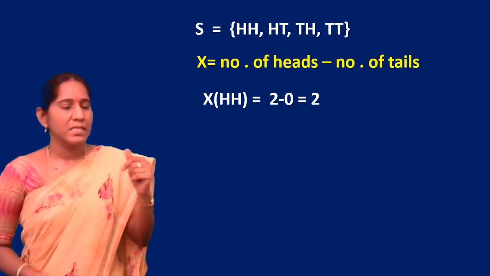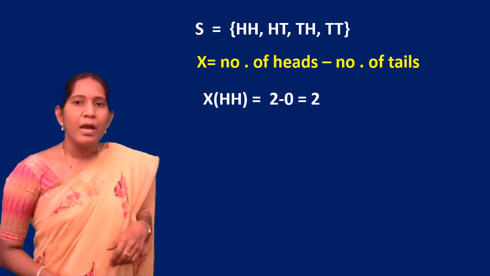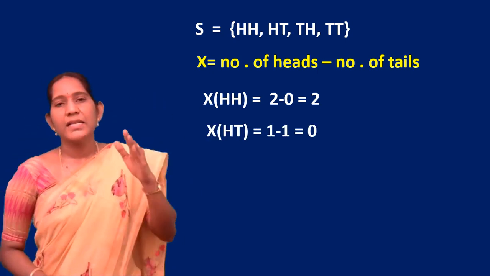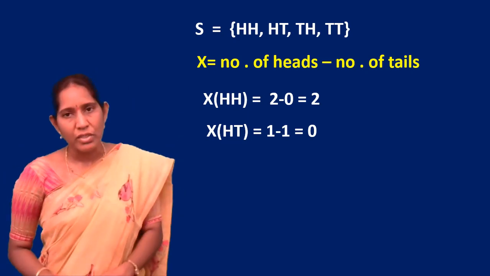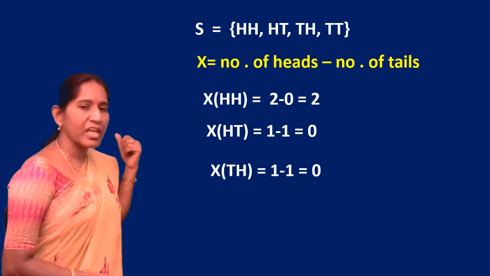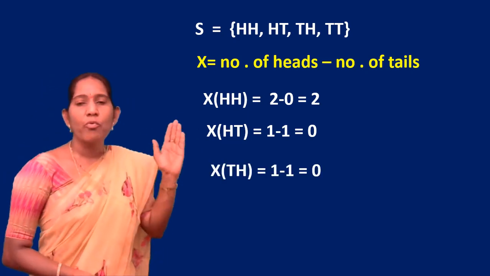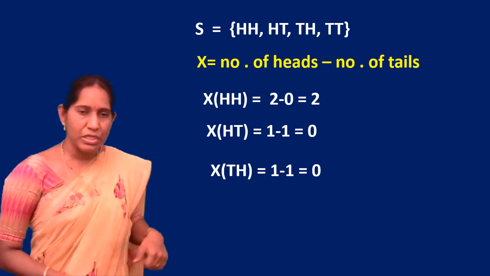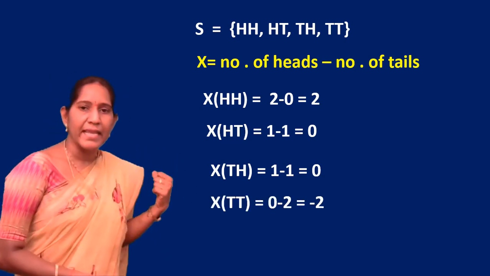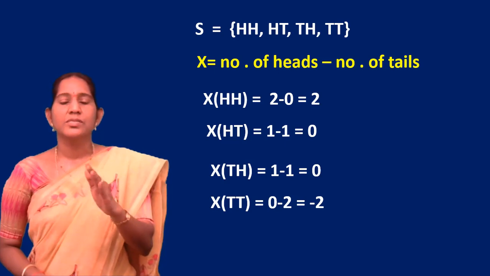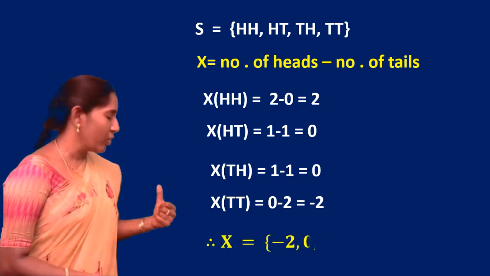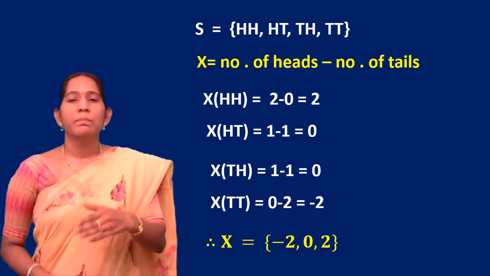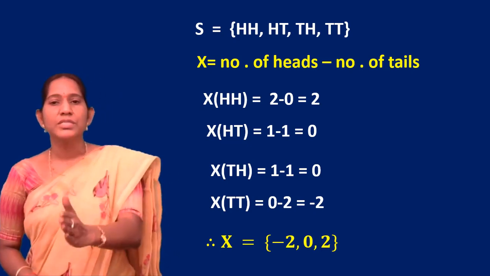So it is 2. X of HT, there is one head and one tail, that is 1 minus 1, equal to 0. X of TH, also 1 minus 1, equal to 0. And X of TT, there are no heads, so 0 minus 2, that is equal to minus 2. Therefore, X is equal to the set minus 2, 0, 2.